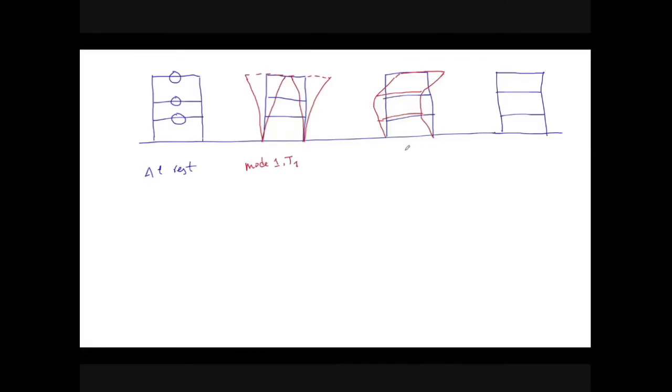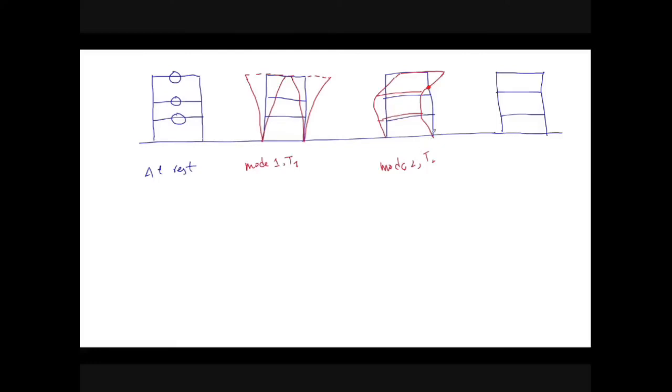So some masses are moving in one direction and the other masses are moving in the other direction. This represents mode 2, which will have its mode shape like this and the oscillation period T2. If you look at the deflected shape of the structure and also the position at rest, you will see that this mode shape makes one knot, one point from where it passes, giving an indication that there is only one knot in this vibration mode, which represents mode 2.